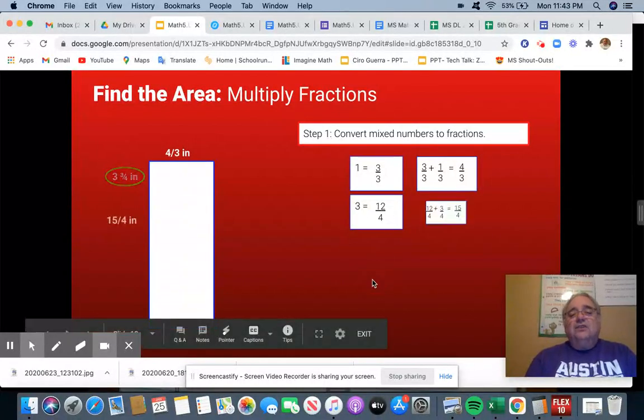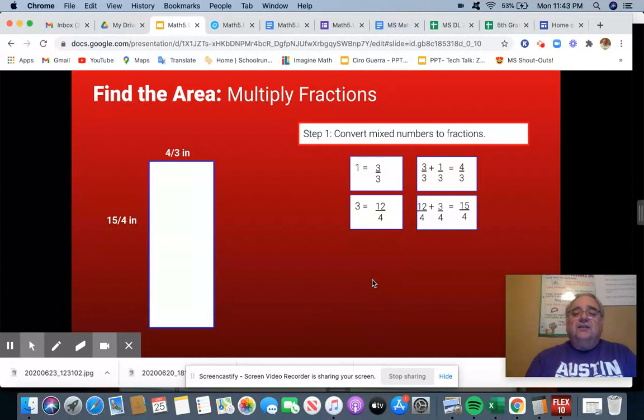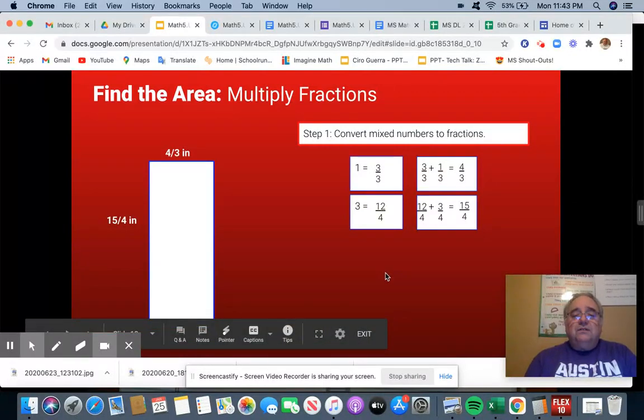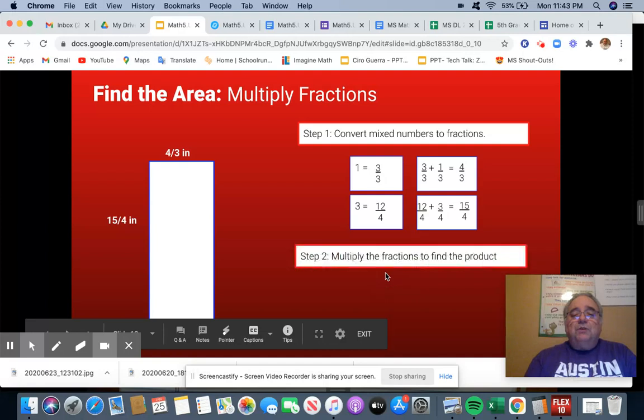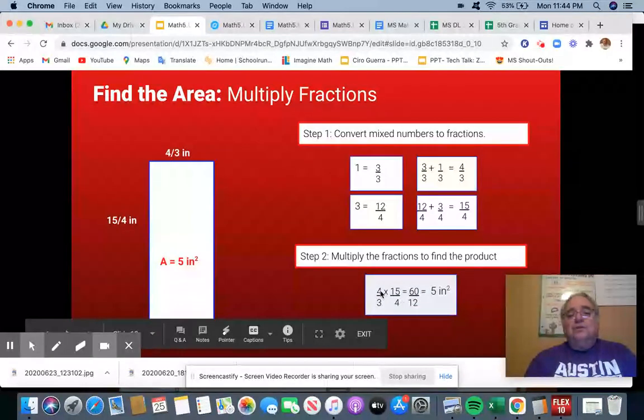I then took the 12/4 and added the 3/4, which gives me 15/4. Then I was able to multiply the fractions to find the area, or the product, which is 4/3 times 15/4, which is 4 times 15 equals 60. 3 times 4 equals 12. And then 60 divided by 12 gives me 5 inches squared.